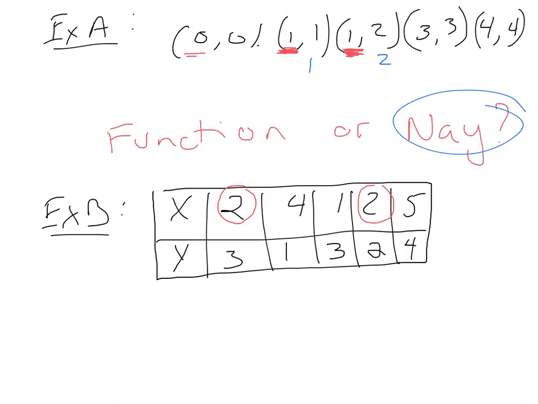A function is a relation where each input maps to exactly one output. But you have the number 3 here, and you have a different number, 2, over here. So again, this is one output. This is a different output. So therefore, this is also not a function.